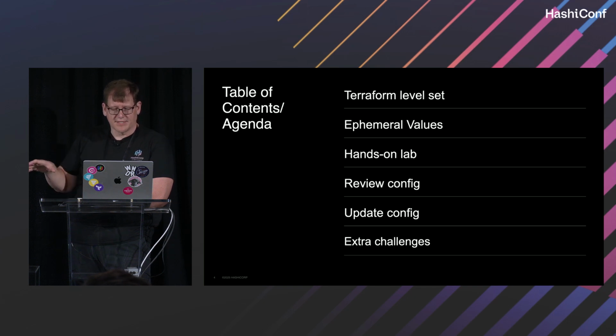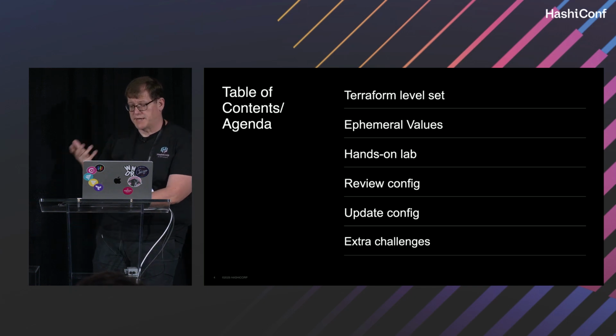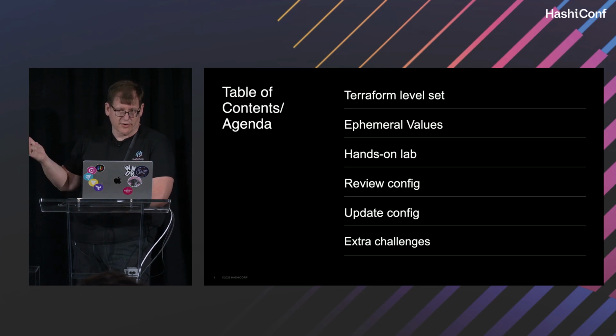Then we'll go into the hands-on lab, which we're going to start with reviewing a config. We'll take a look at the issues that I talked about. We'll update the config to use ephemeral values, and then demonstrate how those concerns are no longer a concern.